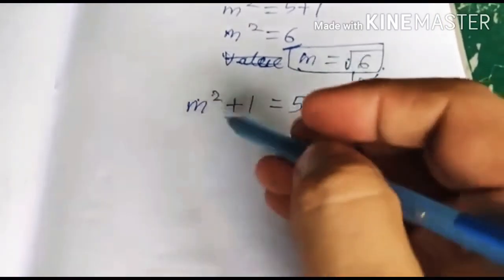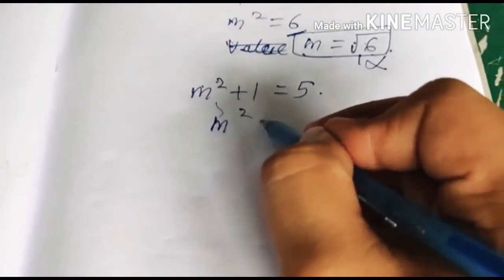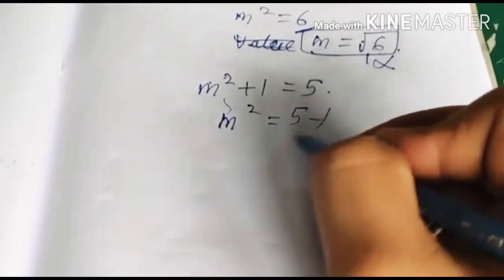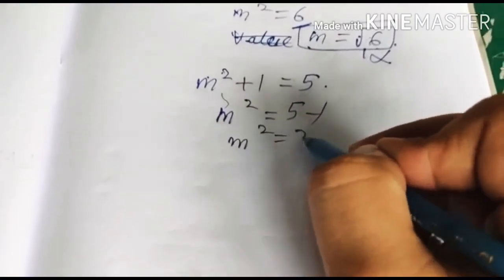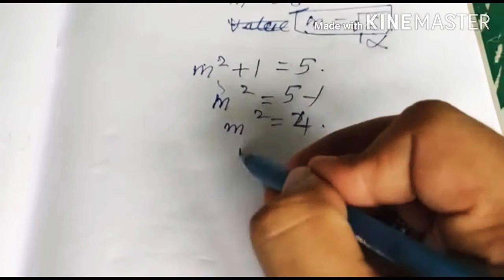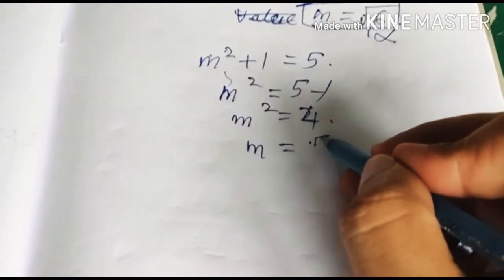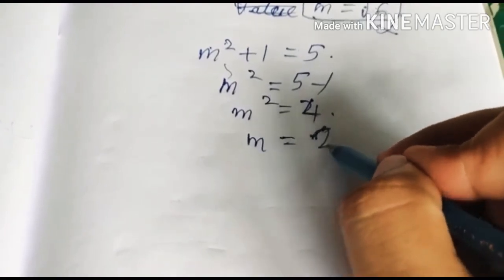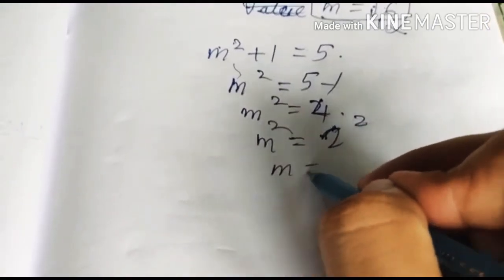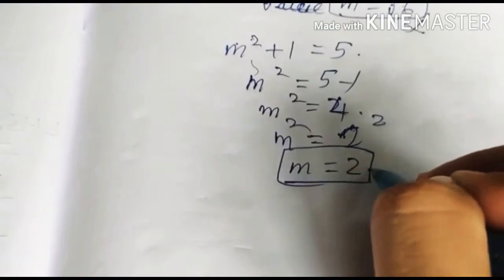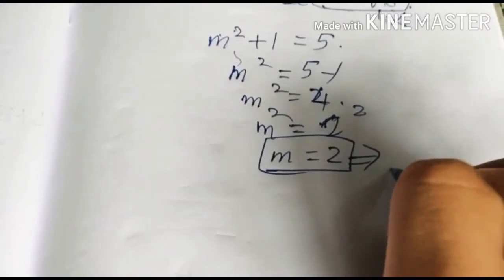The earlier ones were not accepted, as one was a fraction and the other a root number. If we take this, m square equals 5 minus 1, m square equals 4, so m equals 2 to the power 2, m equals 2. Yes, this is a natural number, so we will proceed with it.